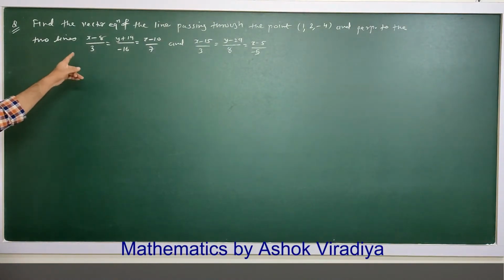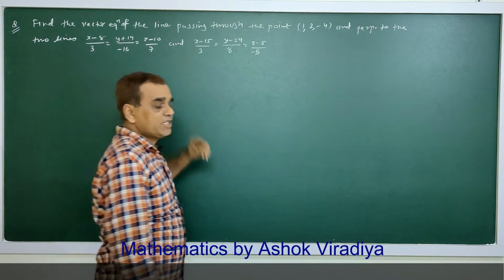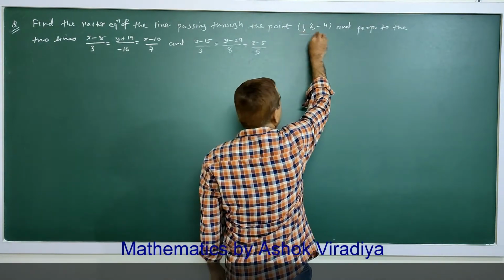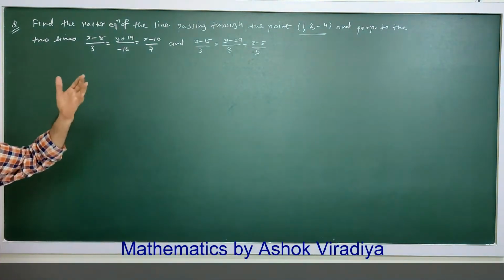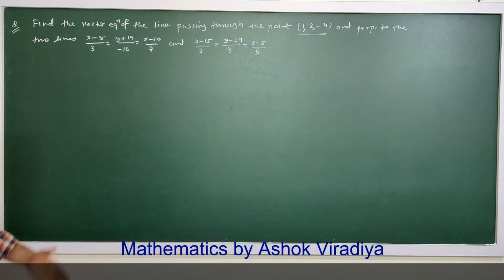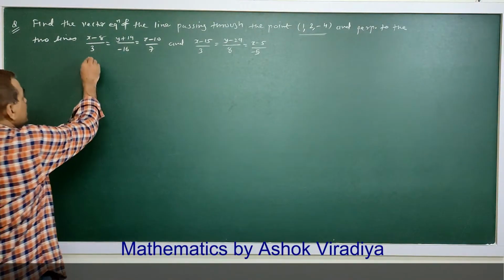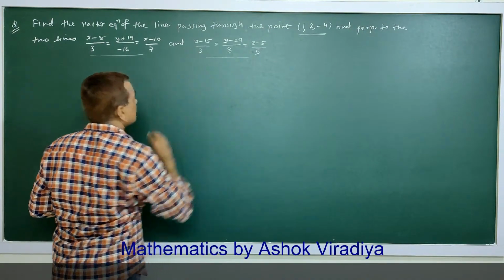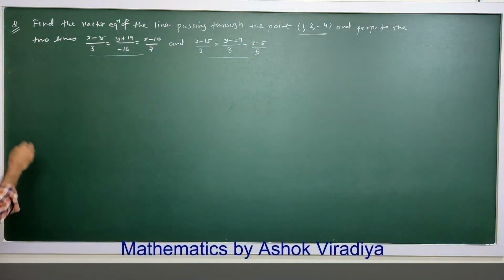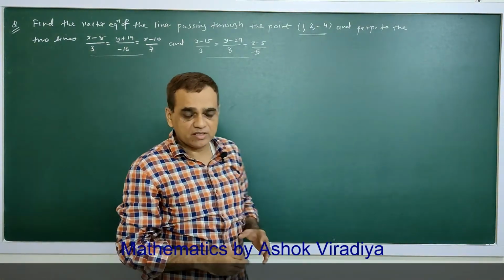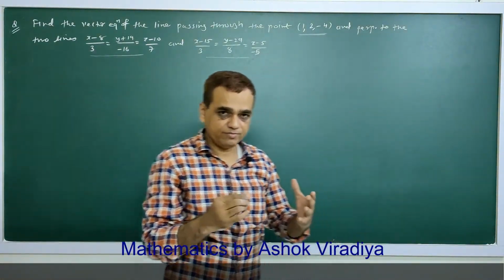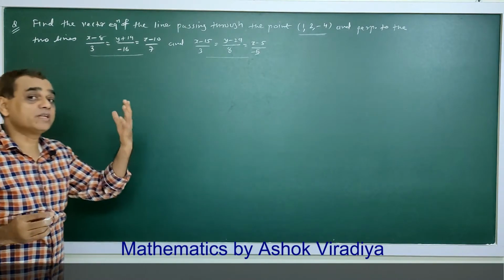Find vector equation of line passing through 1, 2, minus 4. A point on the line is given and the line is perpendicular to these two lines. To find the vector equation of the line, because a point is given, we want its direction, meaning a vector parallel to the required line.